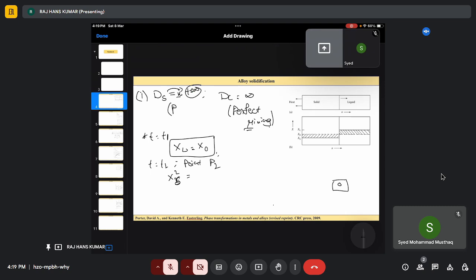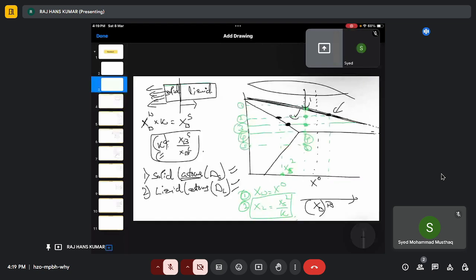That will be equal to k XL. Right? Or you can assume any composition. Now, what happens at T3? At T3, see, the concentration of solute atoms in B is increasing, right?